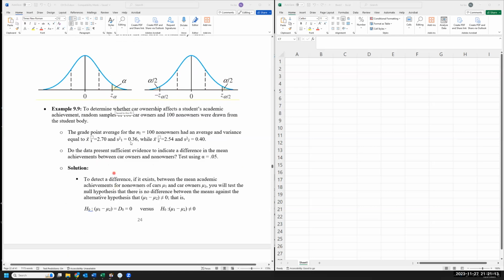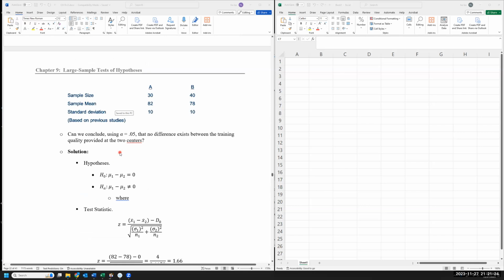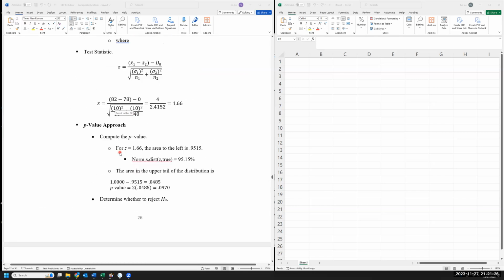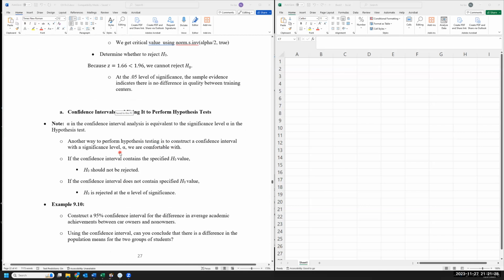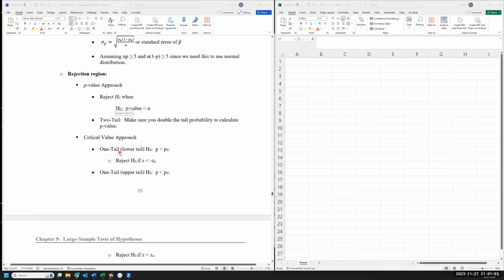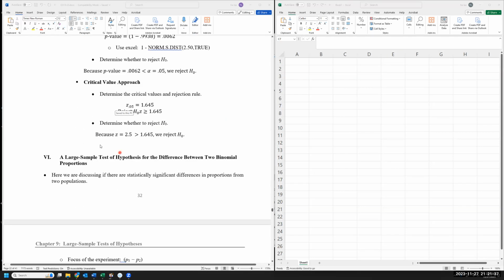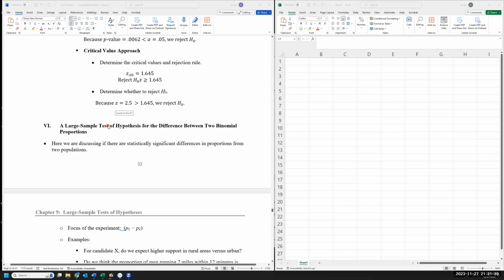All right, before we move on to the example, let's introduce the difference in the population proportions. It's no different. We'll just do it real quickly. Here it is: the large sample test of hypothesis for the difference between two binomial proportions.